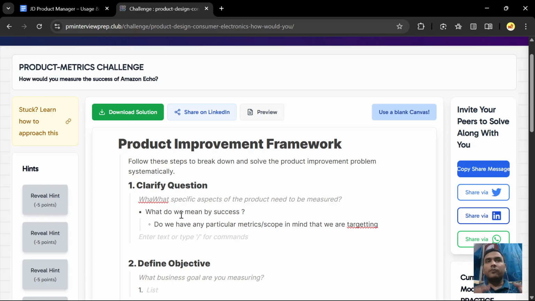So for this question, by success we mean this new version that we have launched. Since there are multiple iterations, by success I mean the adoption rate of this new version of Amazon Echo.